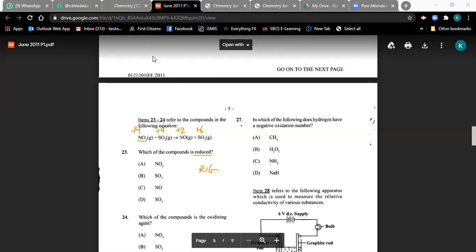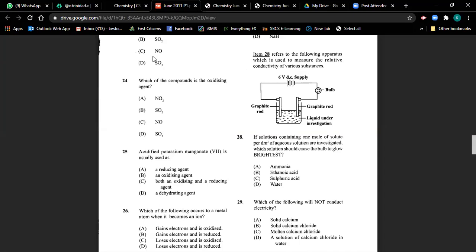25. Acidified potassium manganate 7 is usually used as a reducing agent, oxidizing agent, both oxidizing and reducing. I want to say B here.